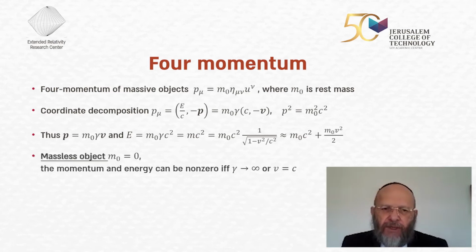Very important observation. Now, I want to explain that this gives us additional, very important information on how to treat massless objects. It means objects which have rest mass 0. It means you cannot keep those objects at rest. So how do they exist if they have no mass?